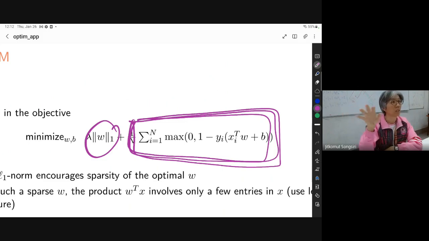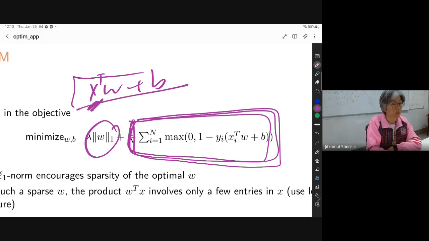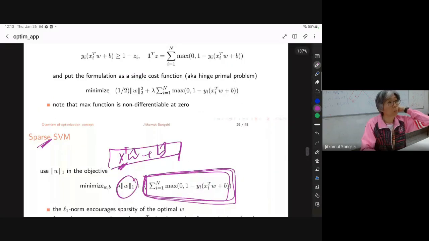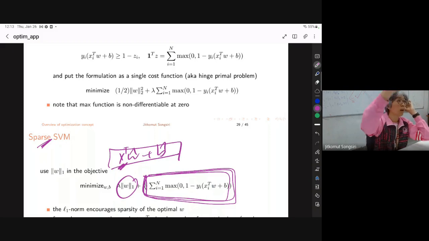So the meaning of this is, we're trying to do the soft SVM, but we prefer a sparse normal vector W. Because when you use the SVM, when you have a new vector X, you do this transformation, right? After you get the estimated W and B, you compute this one and see whether it's greater than 1 or lower than -1, to classify.